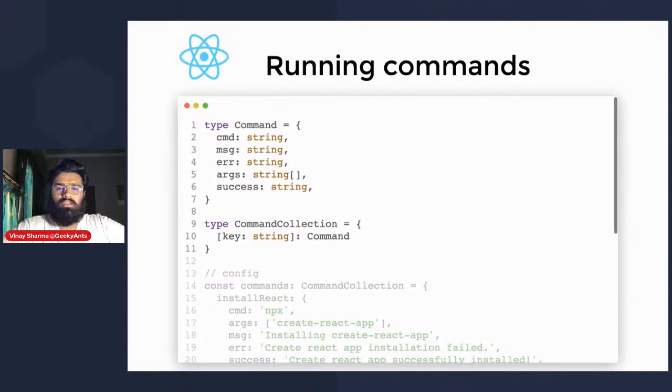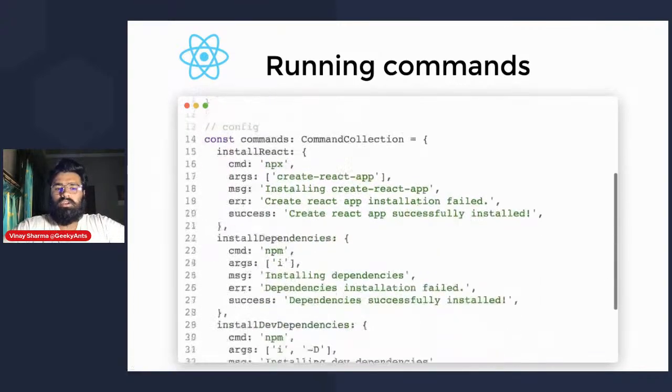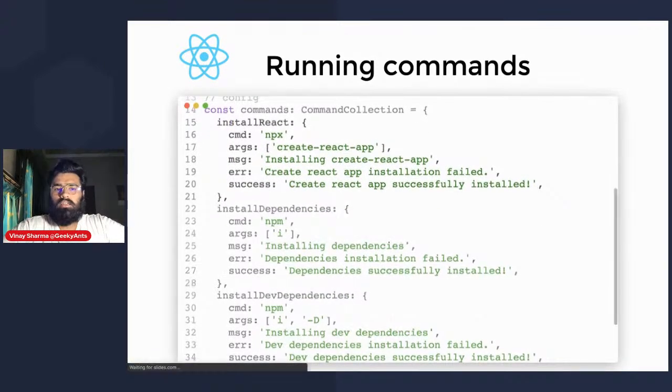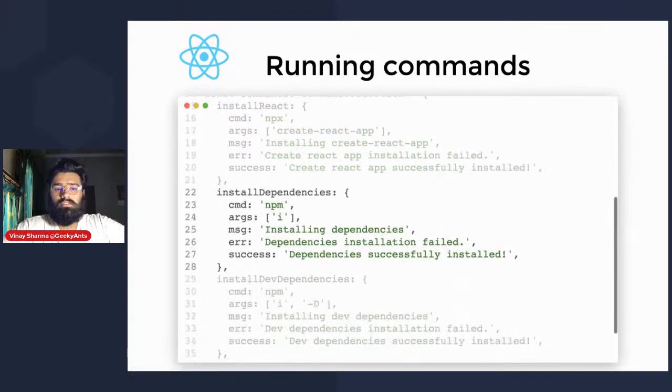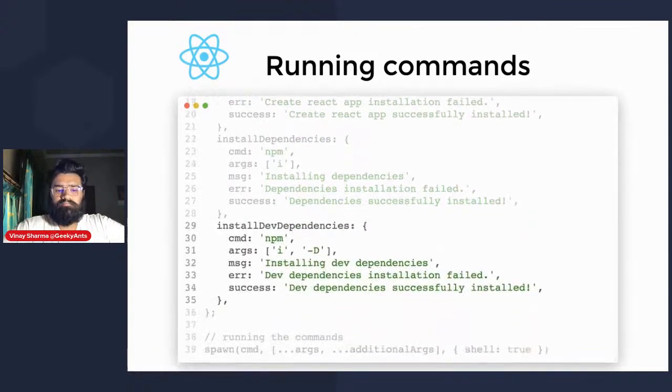That's how I'm doing it. I'm just maintaining some command configuration in a JSON. Over here, you can see, for example, I have a configuration for installing the React application with the default command name, the arguments that need to be passed, the message while it's being installed, the error message and success message. The same goes for installing dependencies and dev dependencies.